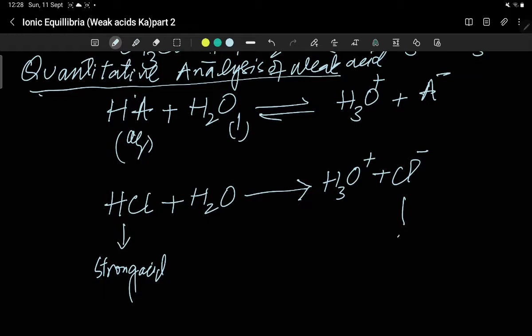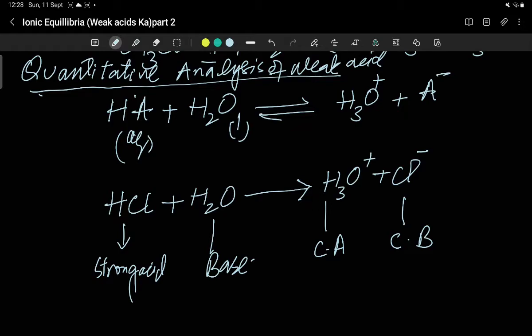So this is the conjugate base of hydrochloric acid, and this is the conjugate acid of water. This is the base. So this conjugate base has a small tendency to accept a proton from this molecule, so that's why we can say that it is completely ionized in water.